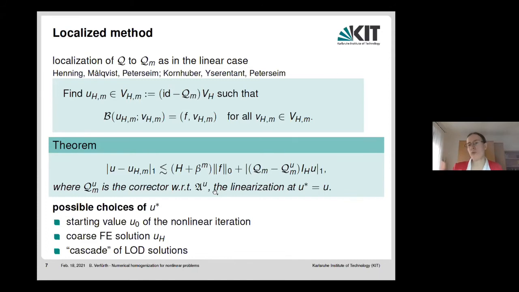And of course, you can do this as often as you would like. And the hope is that because this UHM entails good information about U, at every new cascade you will probably have a better linearization point. And this is also actually what we will compare in the following.